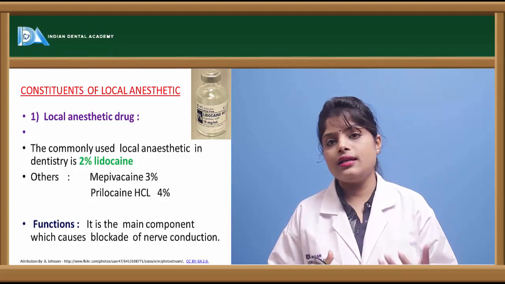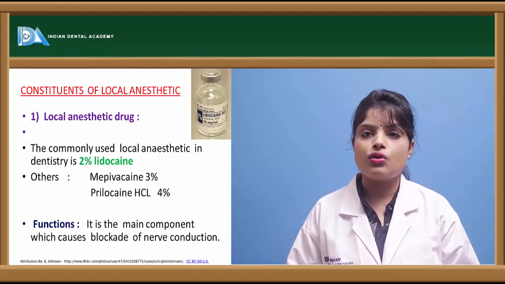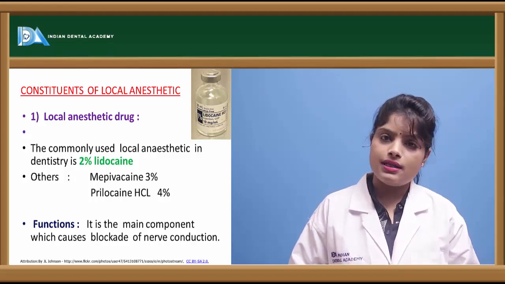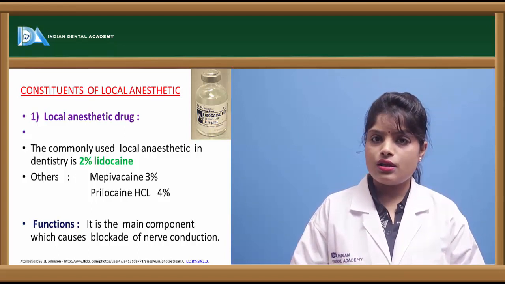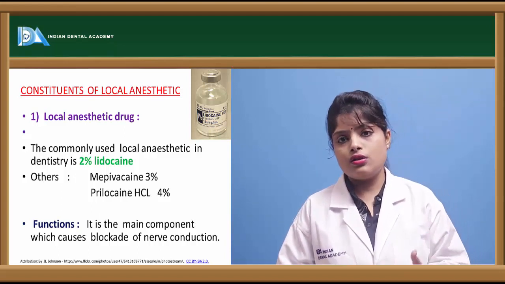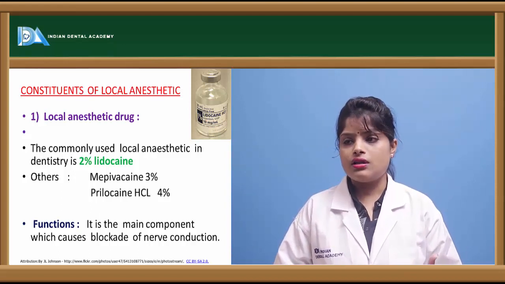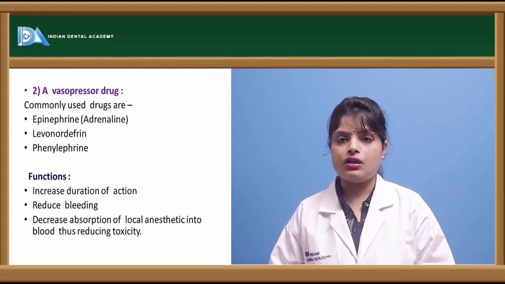This is usually lignocaine 2%, then mepivacaine, bupivacaine, benzocaine, either ester or amide type of local anesthetics. The function of the local anesthetic is to produce numbness over the particular area, or blockage of the nerve impulses in that area.